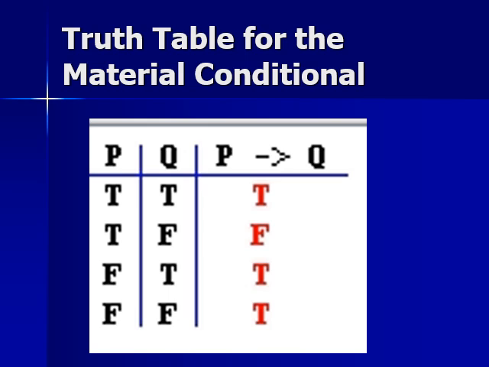I don't want to dwell on this or spend a lot of time on it. I'm just pointing it out and saying this is the way we will do it. It turns out to be extremely useful to use this table for the material conditional.